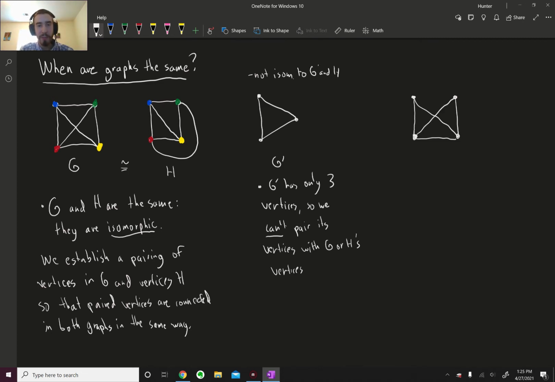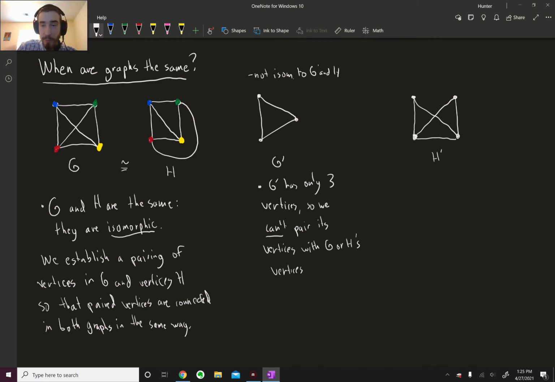And now I want to check if this graph, let's call this one H prime, is isomorphic to G and H. Well, it's got the right number of vertices.